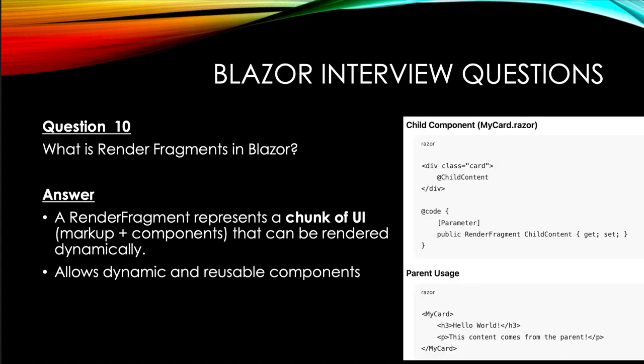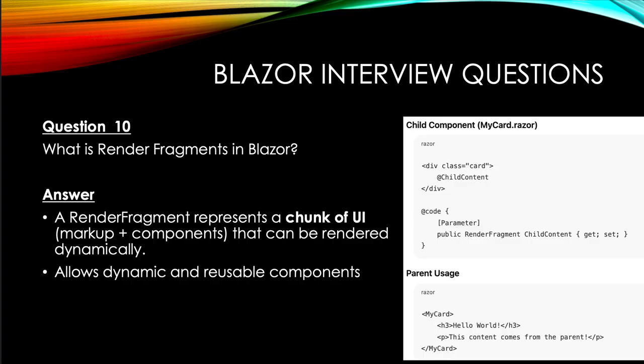Question number 10, what are render fragments in Blazor? A render fragment represents a chunk of UI, which can have both HTML as well as backend logic that can be rendered dynamically.